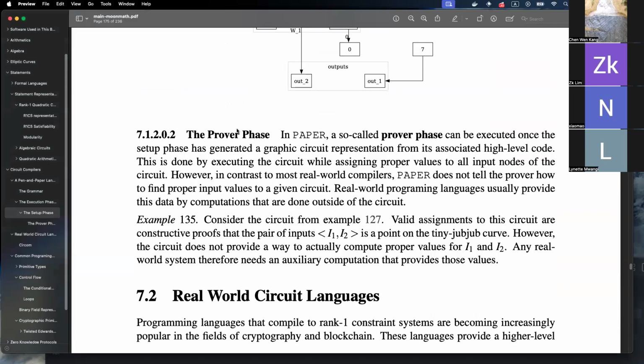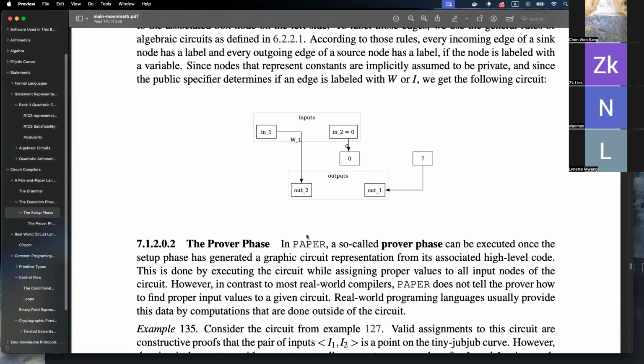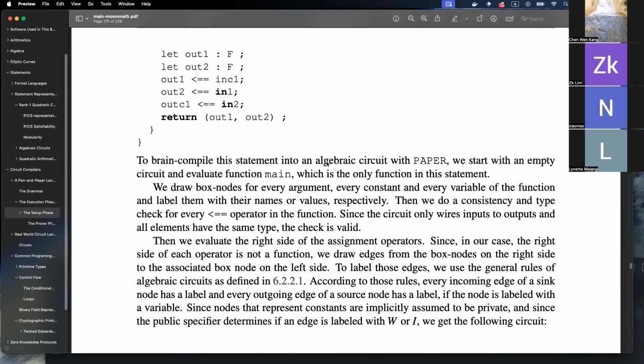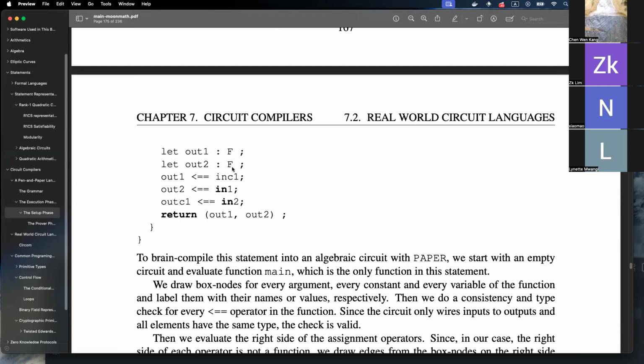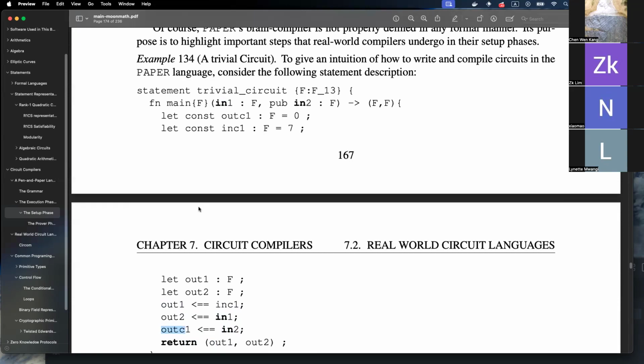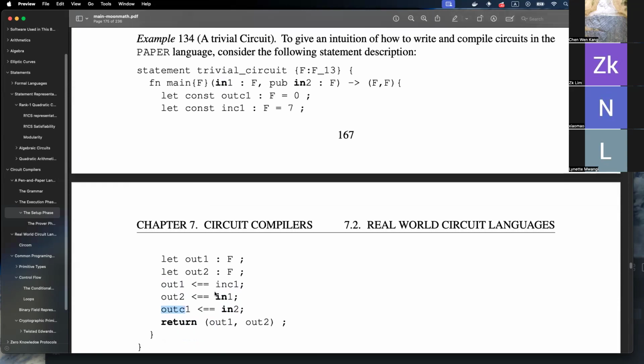In the proof phase, they don't go deep into this. But what will happen is that, given all these instance variables, in this case we don't have too many witnesses. The witness here, actually, there's no witness here. I guess we can call this a witness in this case.